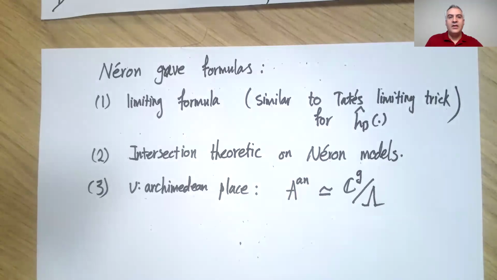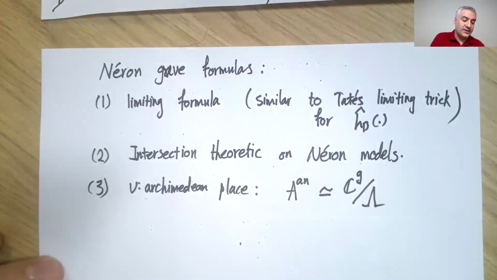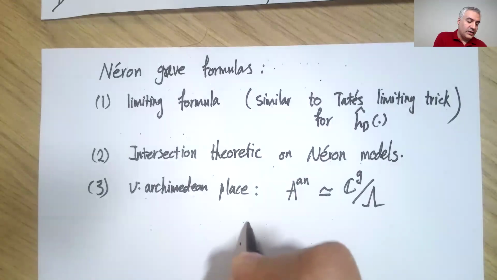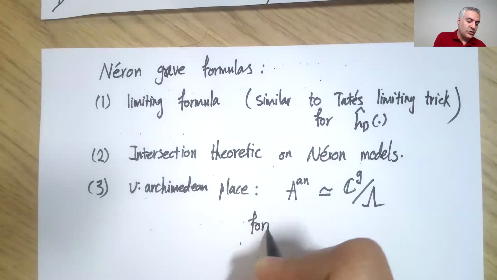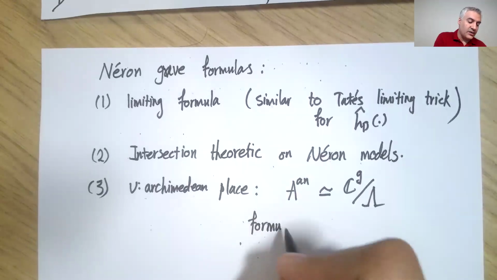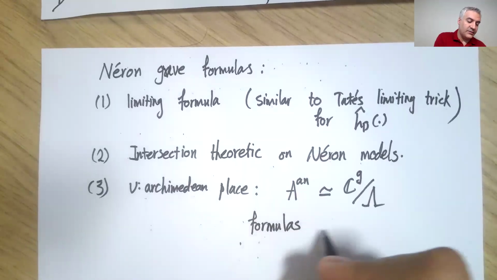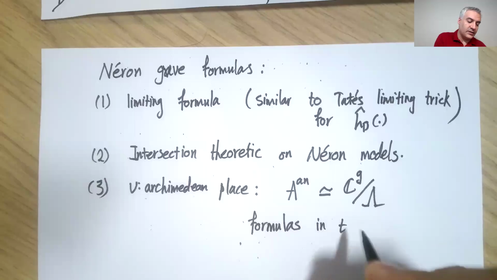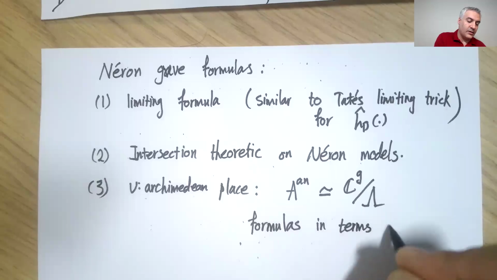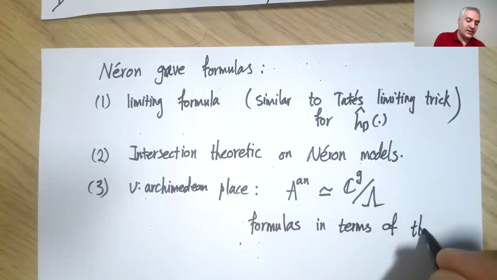Then there is a theory of theta functions that you can present. So there's a function theoretic way of studying sections of line bundles. So he used this beautiful uniformization theory, formulas in terms of theta functions, classical theta functions.